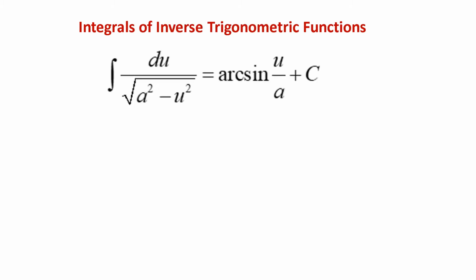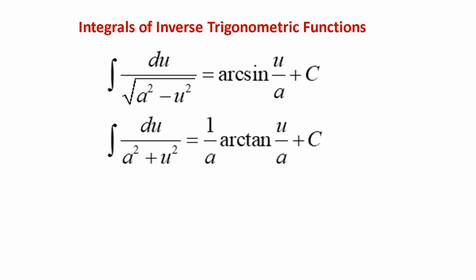The integral of du all over the square root of a squared minus u squared is equivalent to the arcsine of u over a plus c. The integral of du all over a squared plus u squared is equal to 1 over a arctangent of u over a plus c.